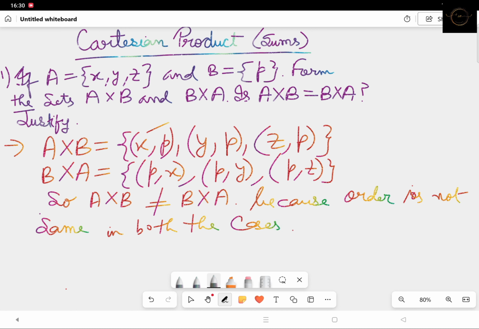The first ordered pair is (x, p), whereas in this case it's (p, x). Both are not the same, because in case of ordered pairs, (a, b) is never equal to (b, a). So in this case also it will not be equal. Now moving to the next question.